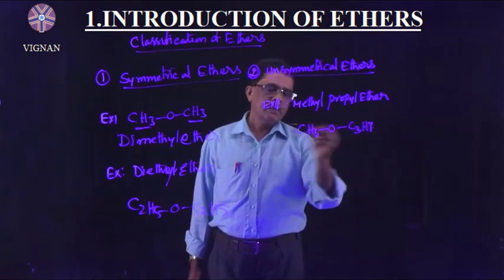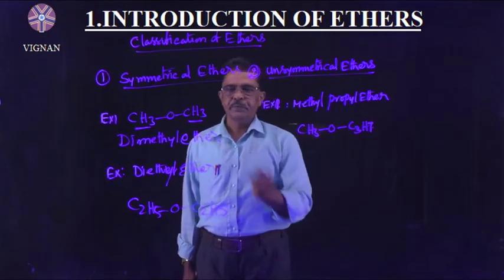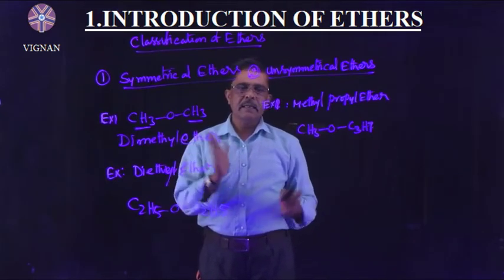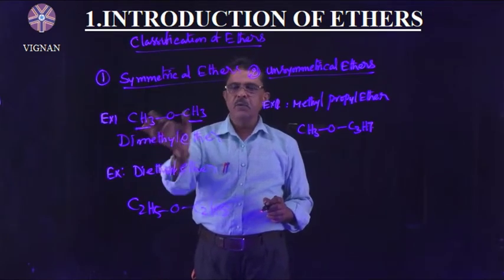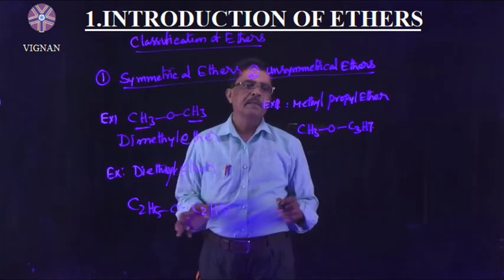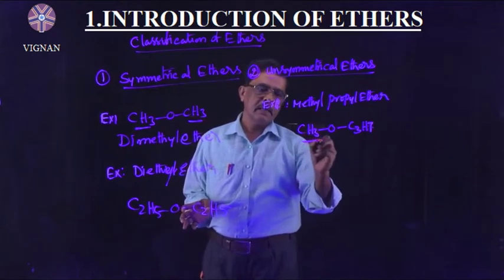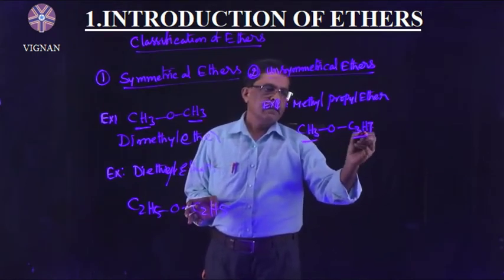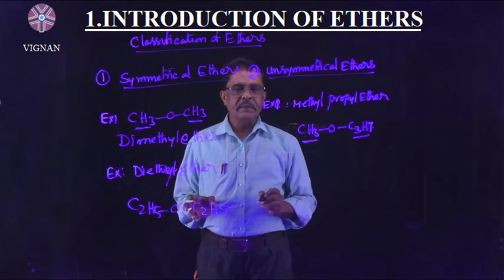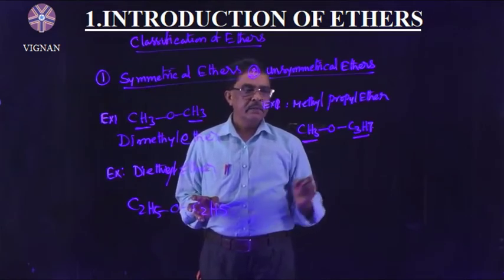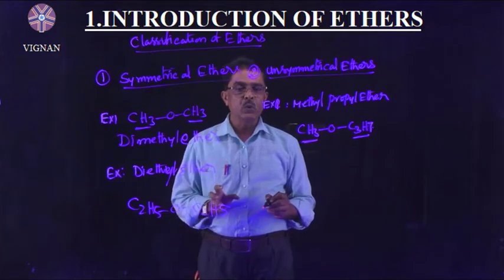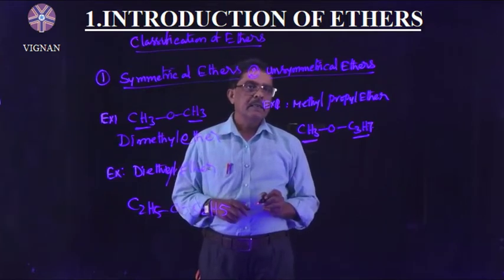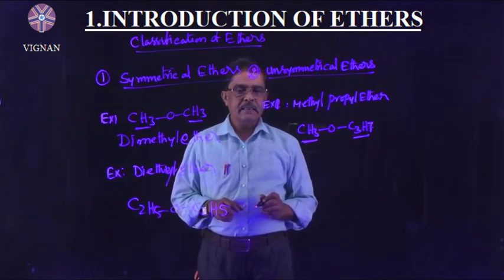What is the difference between symmetrical and unsymmetrical ethers? In a symmetrical ether, both alkyl groups are the same. In unsymmetrical ethers, the two alkyl groups are different. So if an ether consists of two different alkyl groups, it is said to be an unsymmetrical ether.